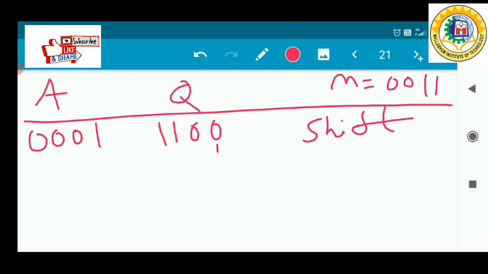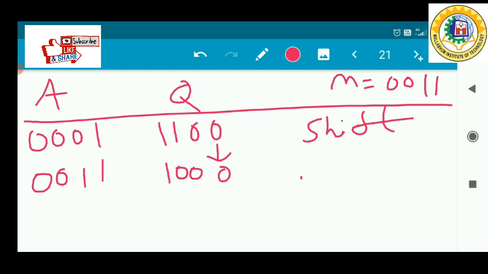For that purpose we make Q0 equal to 0, giving 0 0 1 1 1 0 0. This is the logical shift of A and Q together.